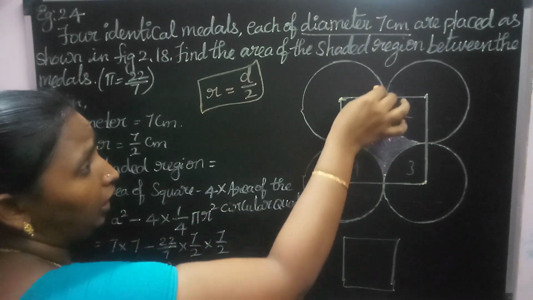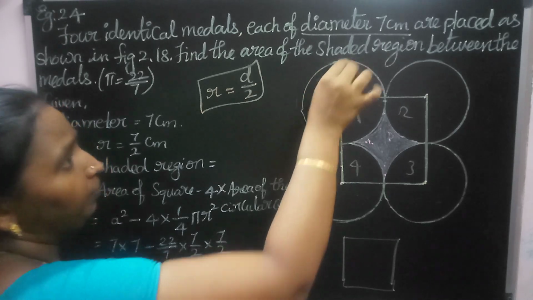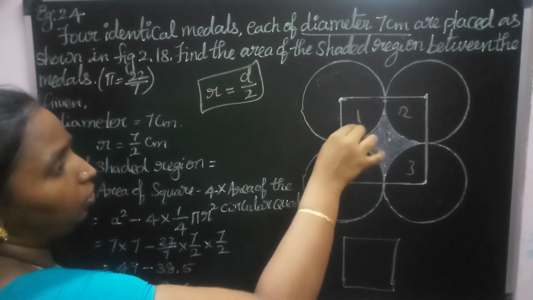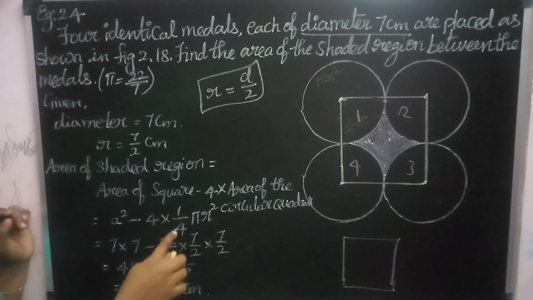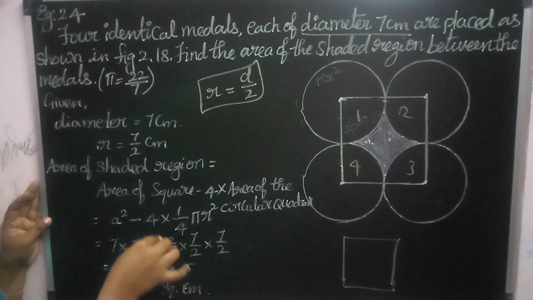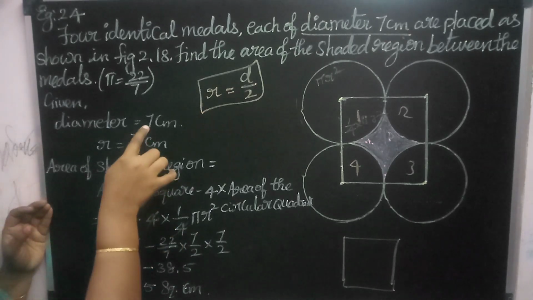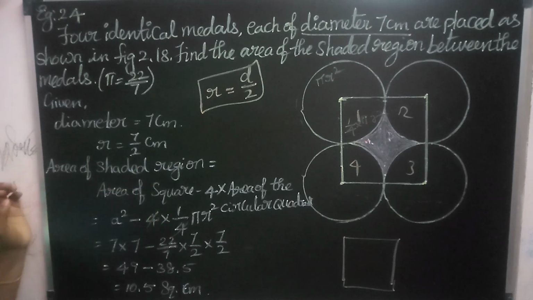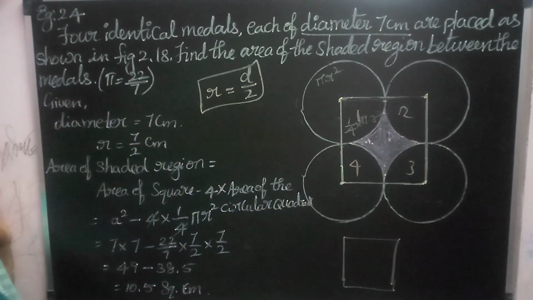For the whole circle, the full area is pi r square. This quadrant is the 1 by 4th part. So write 1 by 4 into pi r square. Here this 4 and 4 will get cancelled. A square, where A means the whole diameter will be the side of the square.